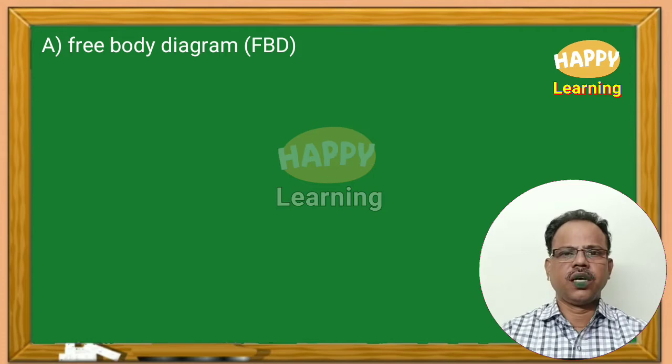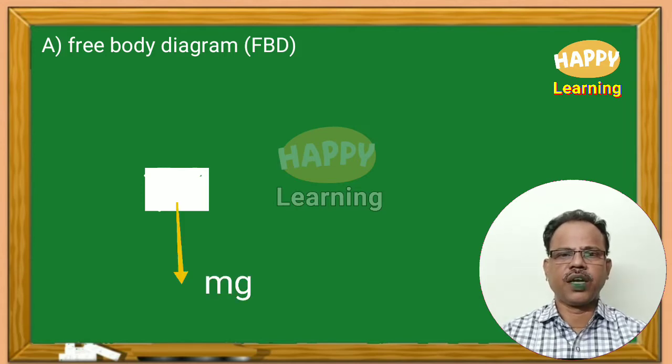Let us assume this as a body. Its weight mg acting vertically downwards. The normal reaction force represented by N is acting vertically upwards.